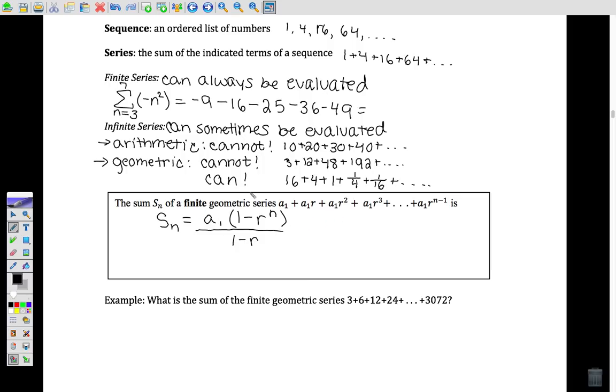A couple reminders of what all these variables mean. S sub n is the sum of n terms in the series. A sub 1 is the first term. r is your common ratio.